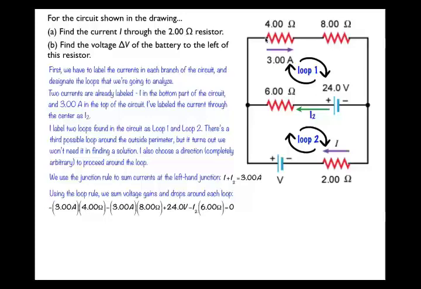I could write delta V 4 ohm, but I'm actually going to use Ohm's law because I know 2 of the pieces of information about this. I know that there's 3 amps of current going through, and I know there's 4 ohms of resistance. Potential difference according to Ohm's law is current times resistance. So I have the 3 amps times the 4 ohms to give me the potential difference across this resistor.